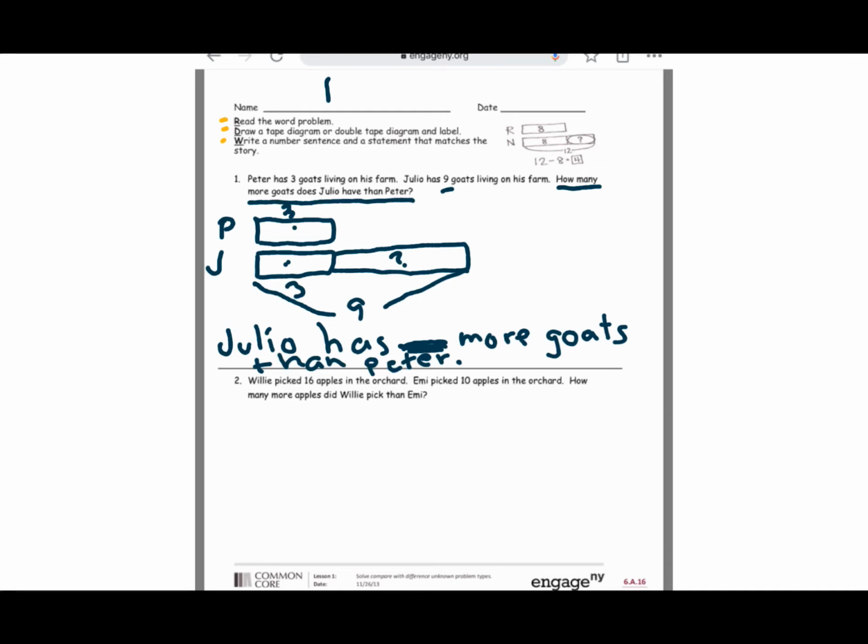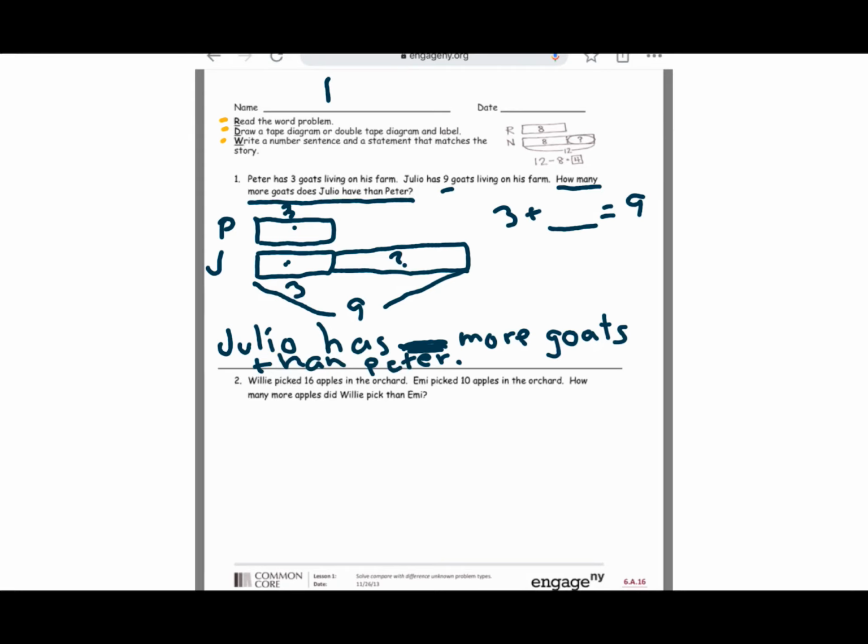So what I'm going to do, boys and girls, is write a number sentence. We know that Peter has 3 plus how many more will it take to get to 9? So you can use that number sentence to help you find the answer.